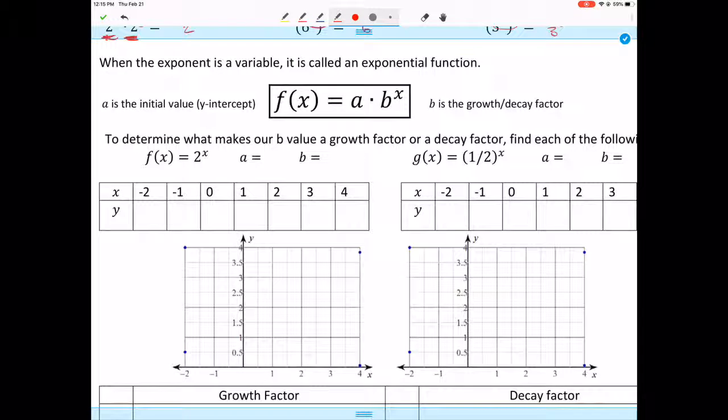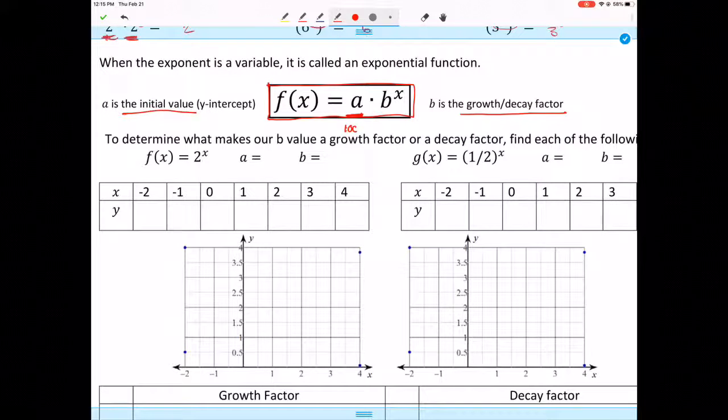Exponential functions look like this, where a is the initial value and b is the growth or decay factor. For example, we use this equation oftentimes when we invest, like when we put a certain amount of money into a bank account.